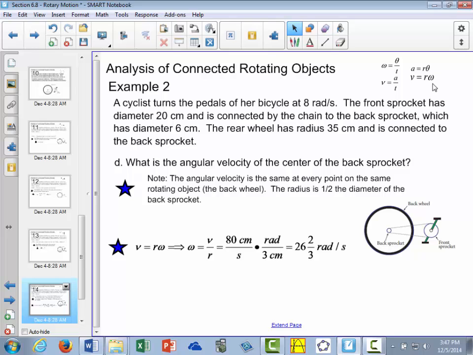So to solve for omega here, we need to take the linear velocity and divide it by the radius. So our linear velocity was 80 centimeters per second. Our radius was 3 centimeters. So we end up with 26 2/3 radians per second for our angular velocity of the back sprocket, whether it's in the center or any other distance away from the center.